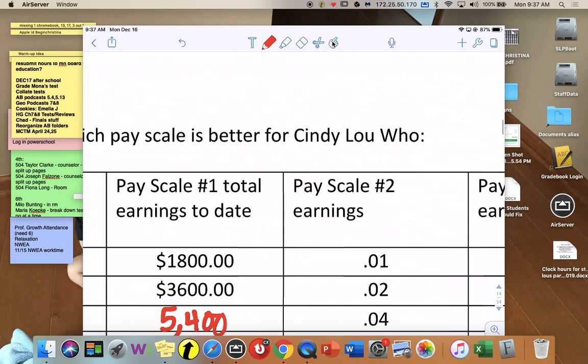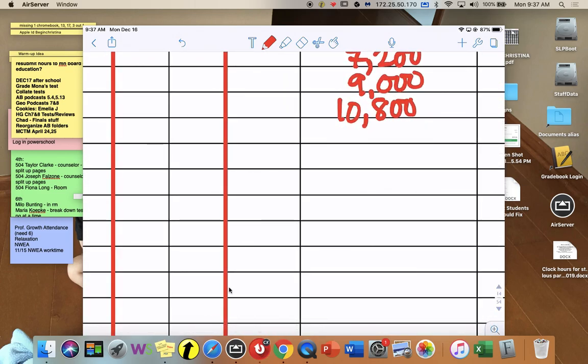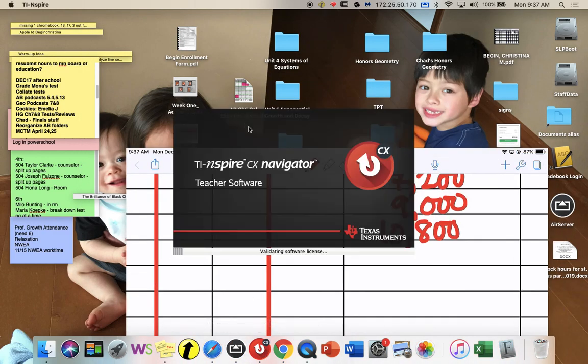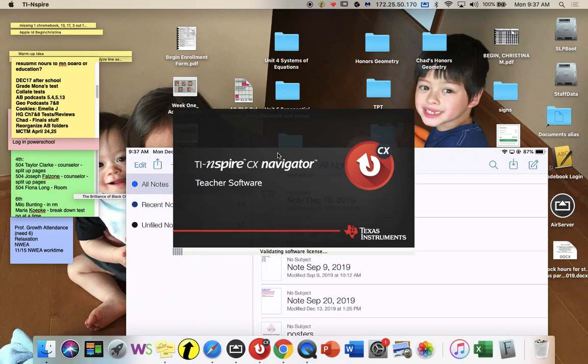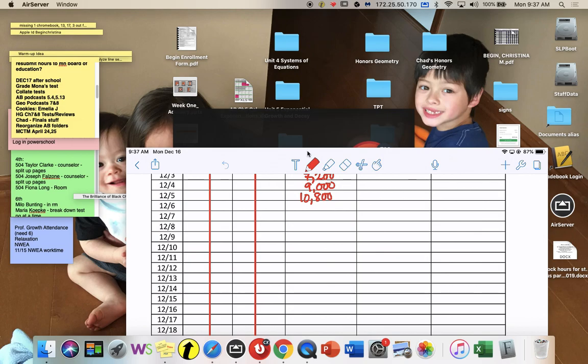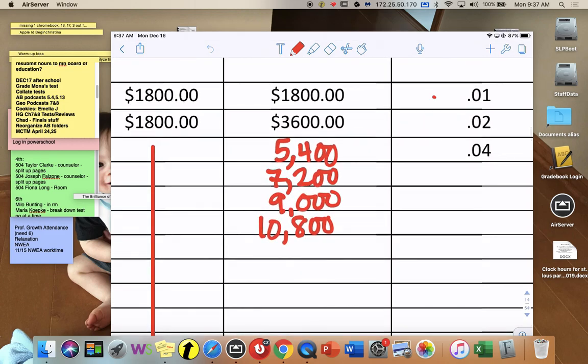There's a way to program that in your calculator, which I'll show you real quick. So to program that, pop up my calculator. All right, so again, all we're doing in the first column right here is adding $1,800 per day.